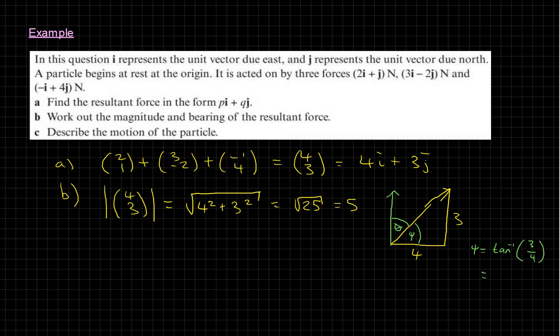Tan inverse of 3 over 4 should give us about 36.9 degrees approximately, and therefore based on the diagram we know theta is going to be 90 minus phi, so 90 minus 36.9 gives us 53.1 degrees. Okay, and that's B done there.